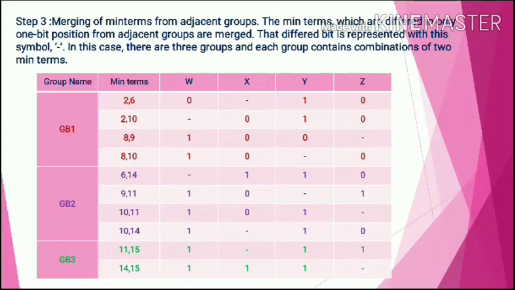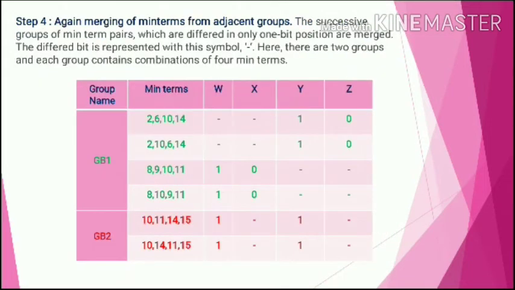So in these binary values, only the first bit differs. So put a hyphen in that bit. So 2, 6, 10, 14: put a hyphen in the first bit position. The remaining bits stay as they are.